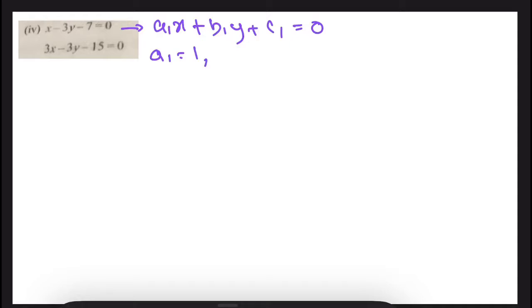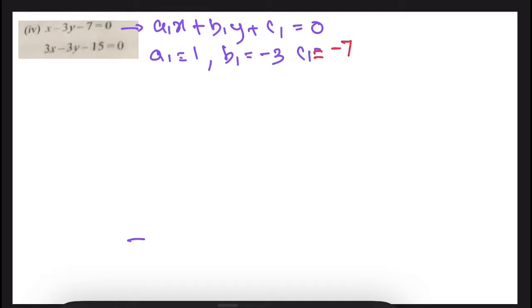So we only have to write and compare with the standard equation a1x plus b1y plus c1 equals 0. Comparing with the first equation, a1 is 1, b1 is minus 3 and c1 is minus 7.